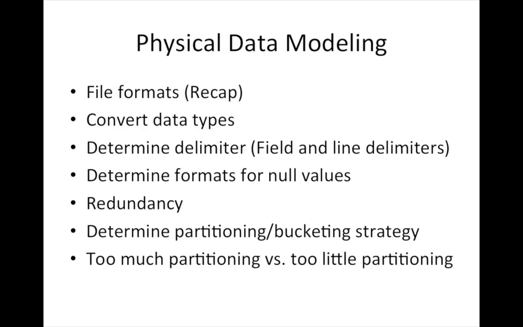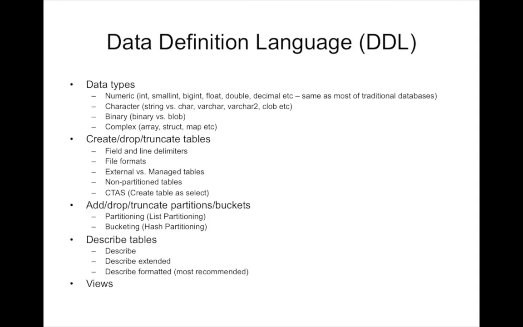Hive also supports views, and now we will talk about physical data modeling. I will show the demo of each and every one of these things in the context of retail DB in the next video. For now, let us complete the theory, then we will work on the demo.